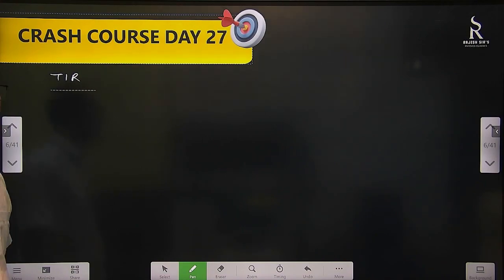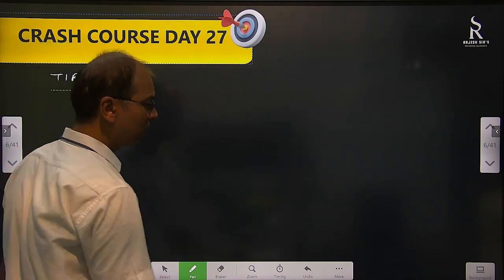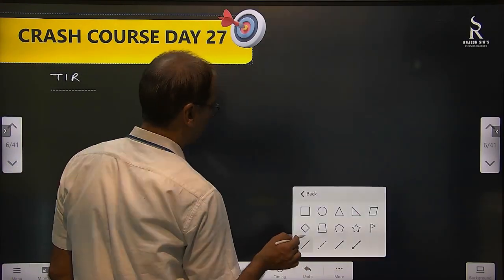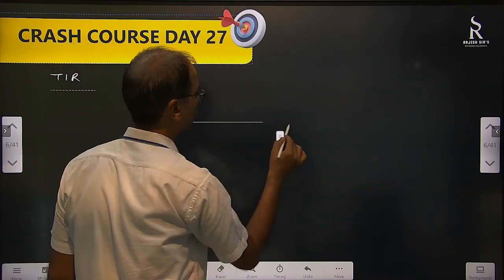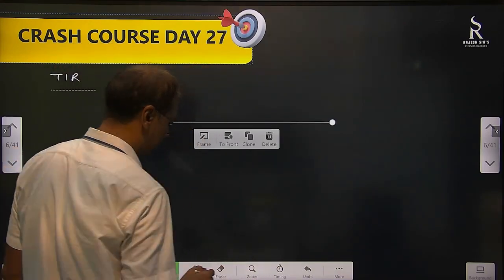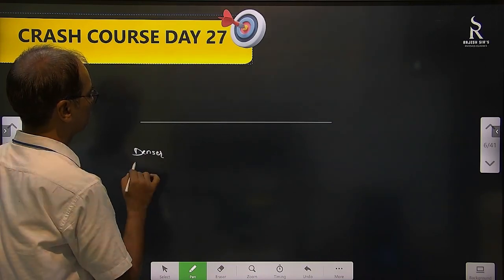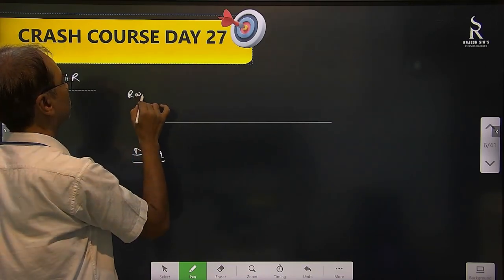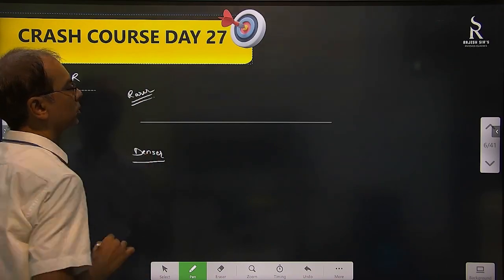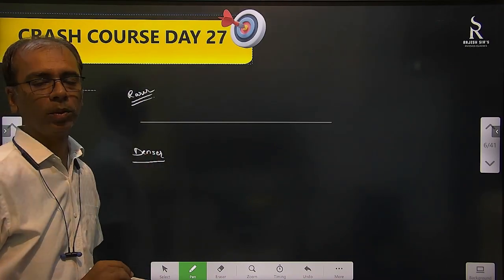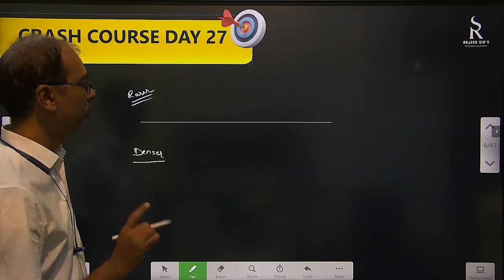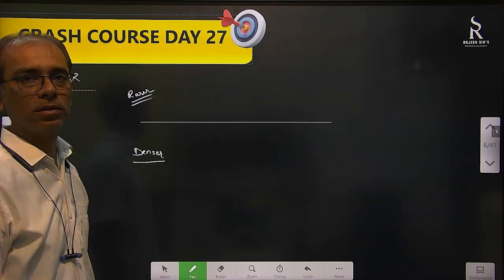What is this TIR? TIR means the light has to move from a denser to a rarer medium. So this is denser here and this is rarer. When light moves from denser to rarer, the angle of refraction has to be more than the angle of incidence, right?